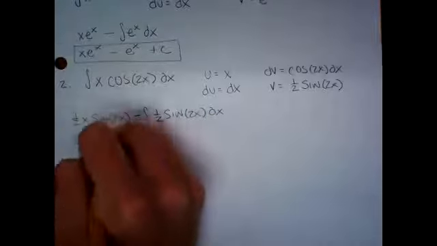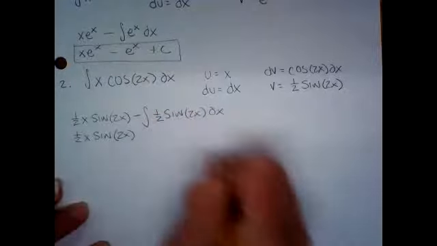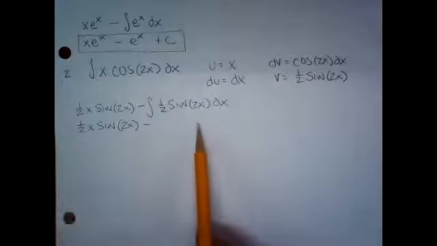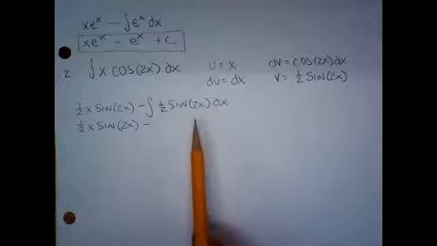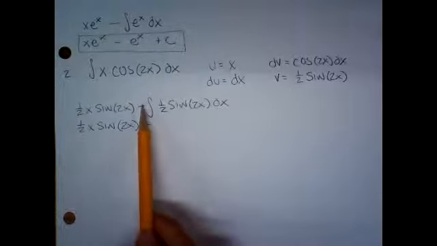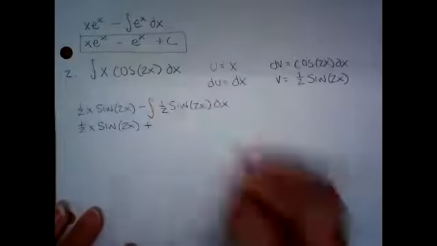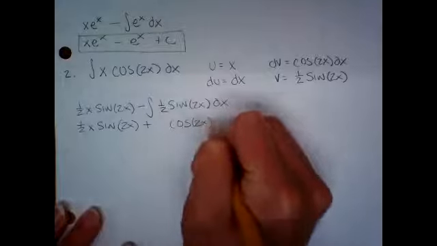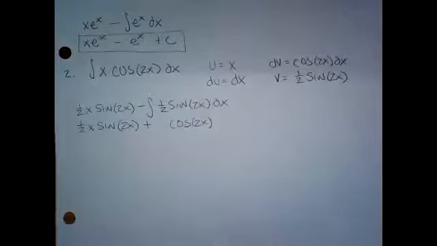So this first part's going to just be there. So I need an antiderivative for sine. What do you guys think? It's negative cosine. So these negatives are going to cancel. It'll be plus. Now, cosine of 2x, but I would need to multiply that by a half.